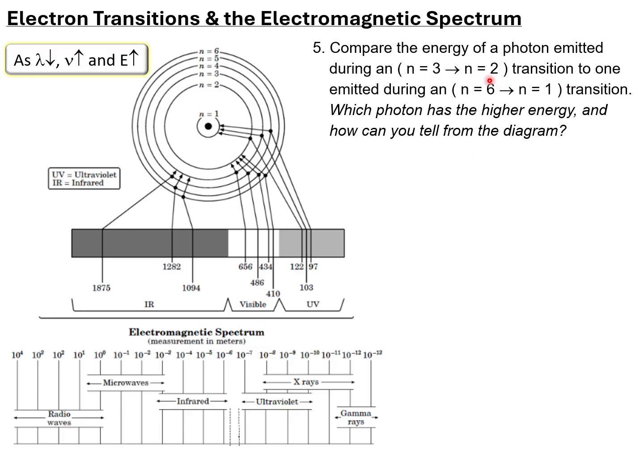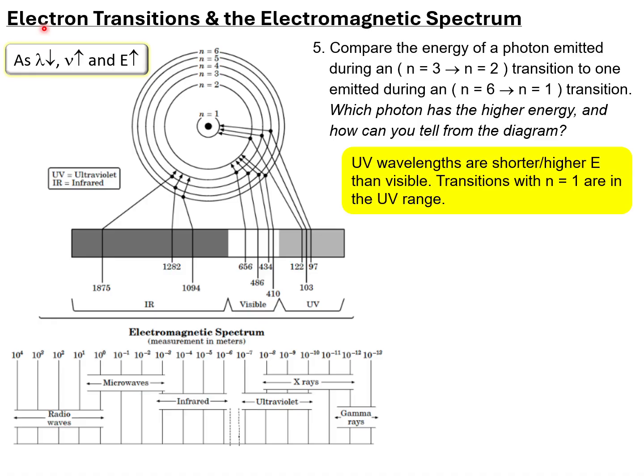If it ends in n equals 2, it is a visible light emission. If it ends up in n equals 1, it's a UV. UV wavelengths are shorter than visible light. So therefore, the photon with the higher energy would be the n equals 6 to n equals 1.